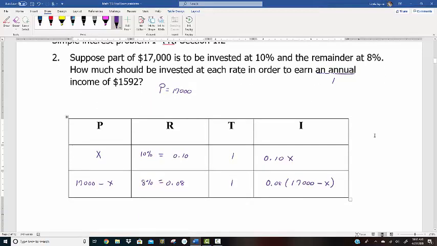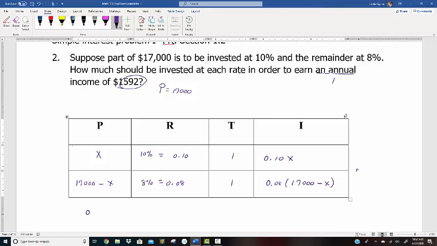Okay, so then where does this I come from? Well, here is our income, but it's our total income. Total, meaning that it's both of these added together. So the first one plus the second one is going to equal our total. And that gives us our equation that we're going to use to solve.